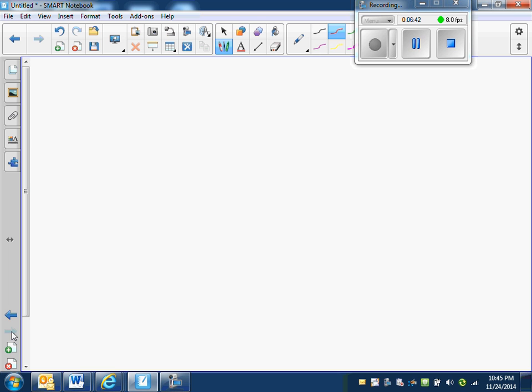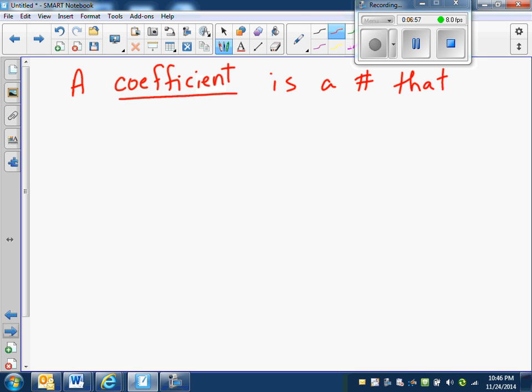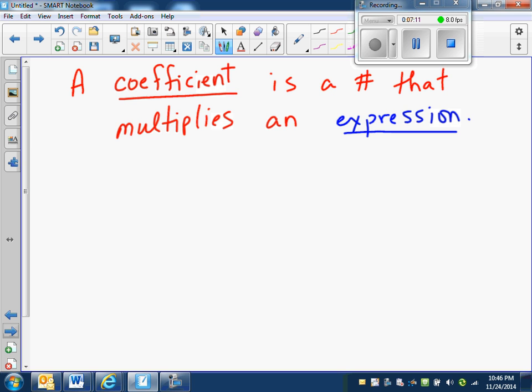So again, a little bit of information. A coefficient is a number that multiplies an expression.